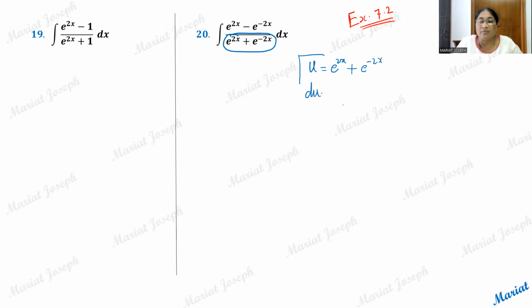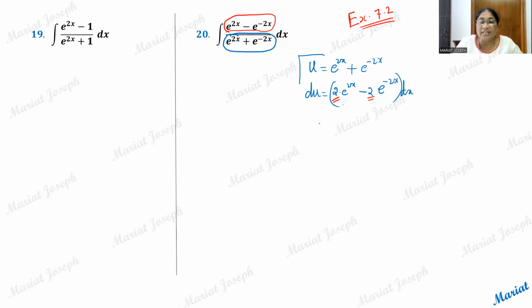Then the derivative, the first one, e raised to the power 2x derivative is 2 into e raised to the power 2x. Then e raised to the power minus 2x into minus 2 into dx. We have differentiated it. But you can see there is an extra 2 coefficient that is not there in the numerator.